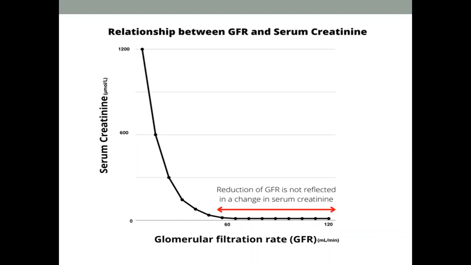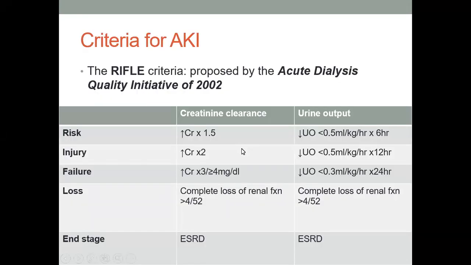And so you can see that glomerular filtration rate is a poor marker for kidney function. A reduction of GFR is not reflected as a change in serum creatinine. And that's why in most places we don't use GFR as a marker of kidney function. I hope we understand that clearly.